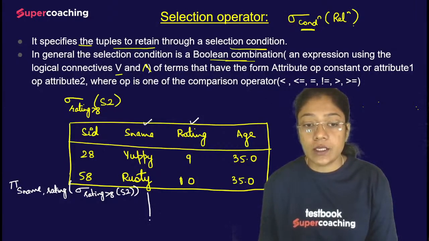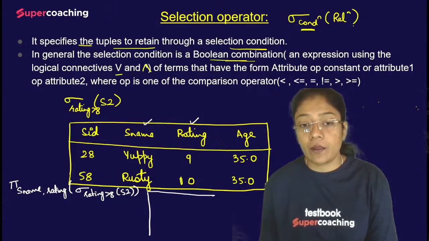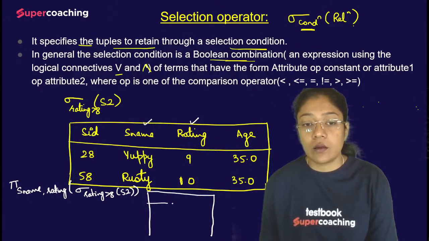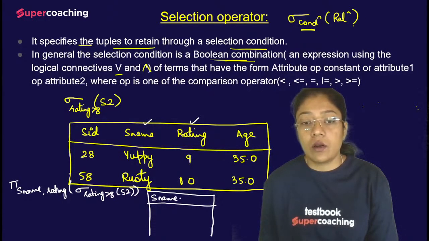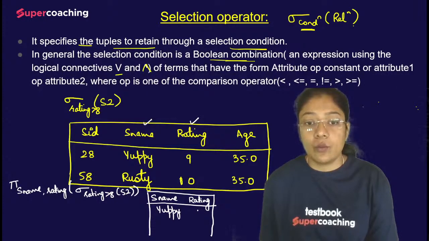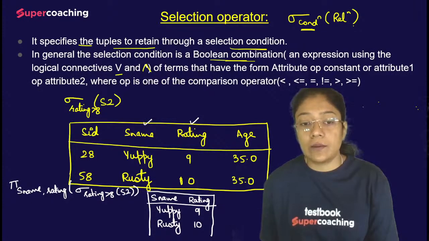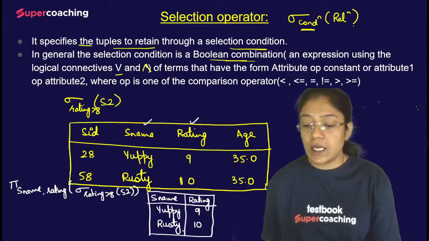So the final result will be S name and here we have rating. It's Yippee with the rating 9 and Rusty with the rating 10. Make sense?